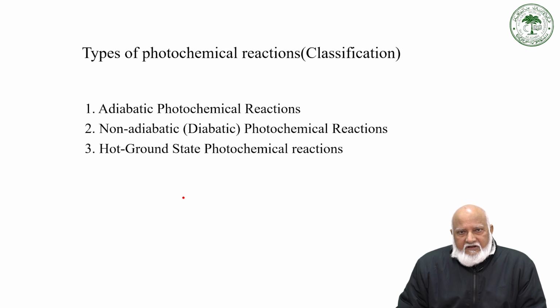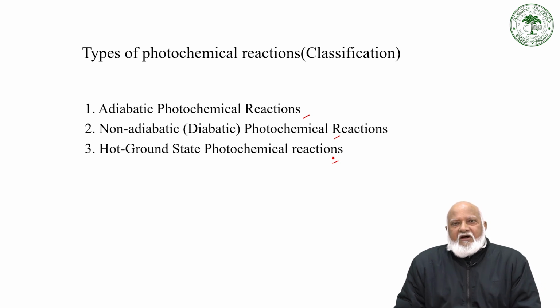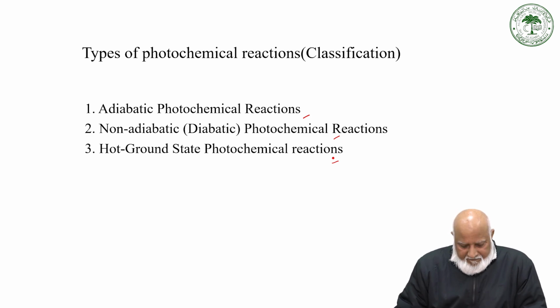They are categorized as adiabatic photochemical reaction, non-adiabatic photochemical reaction and hot ground state photochemical reaction. In the next few slides I am going to explain how these three types are explained graphically, and it is self-explanatory.